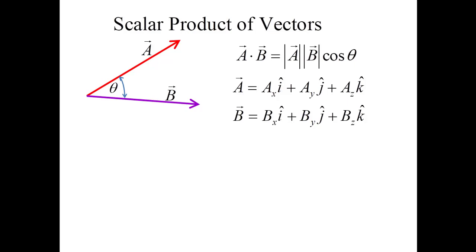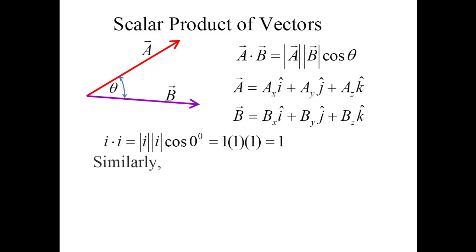Before we talk about A dot B in greater detail, first let us see the dot product between our standard unit vectors. I dot I is equal to the magnitude of I times magnitude of I times the cosine of the angle between I and I. That is simply the positive x direction. It makes only 0 degrees with itself, so it becomes 1.